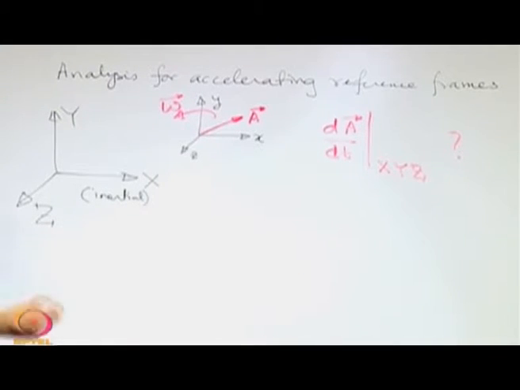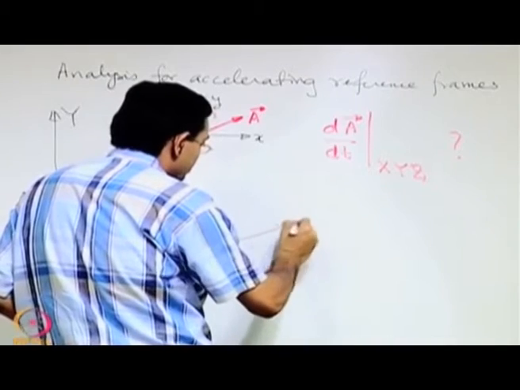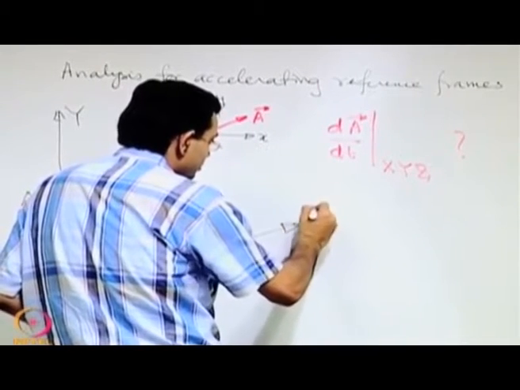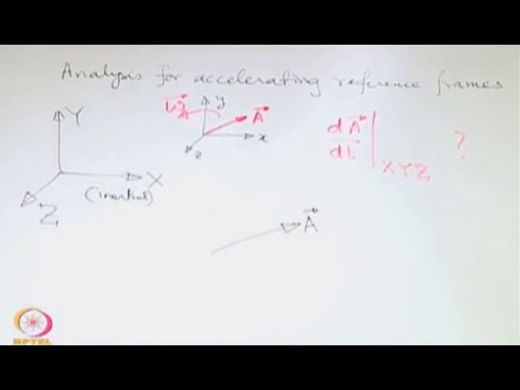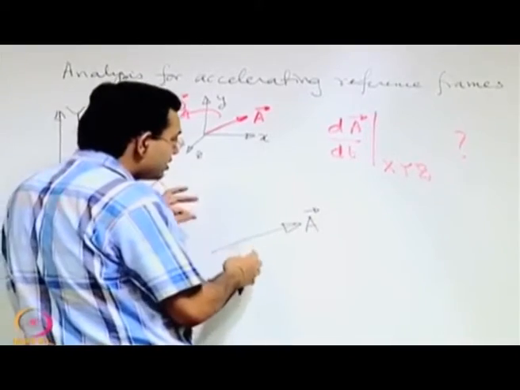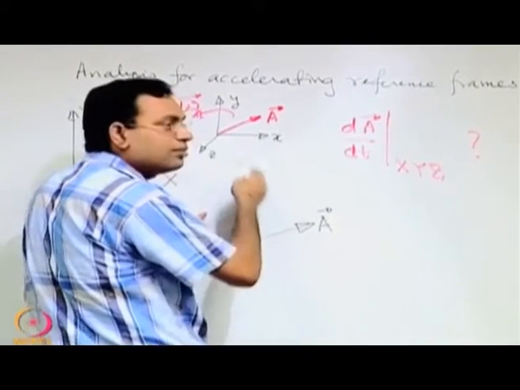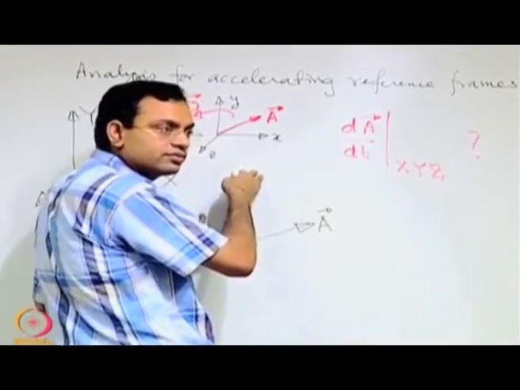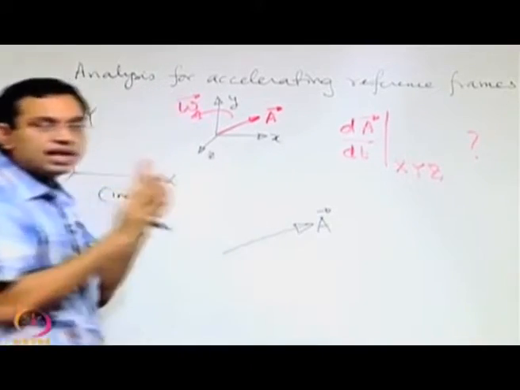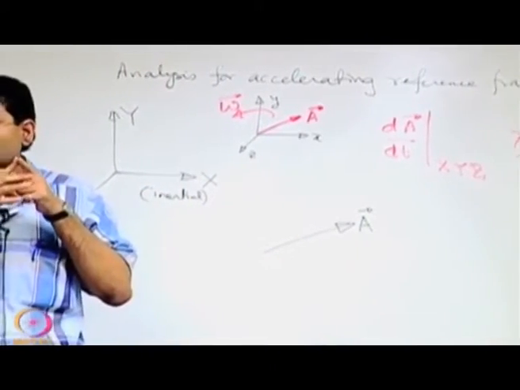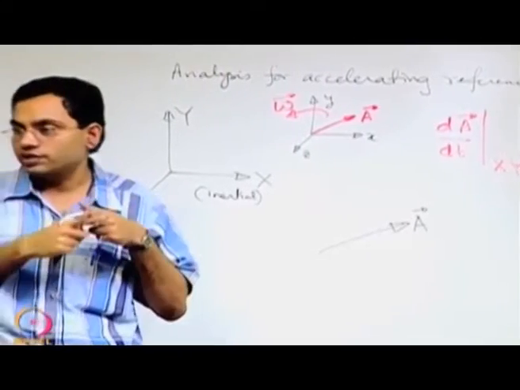Say you have a vector A which is there in a reference frame that is rotating with an angular velocity omega. Let us say that the angular velocity is such that the rotation is taking place in the plane of the board. The rotation will take place in some plane. What is that plane? The plane is perpendicular to the axis of rotation.